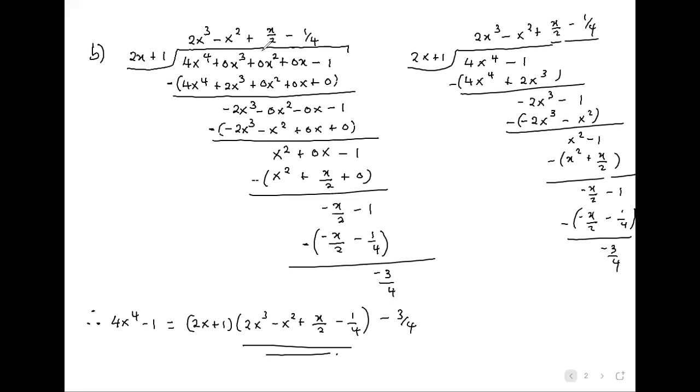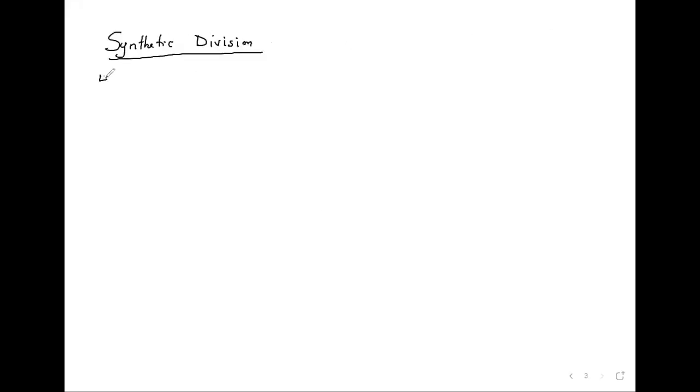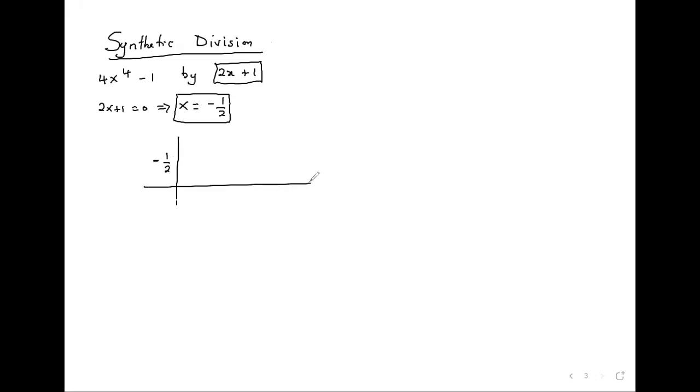What we have as a divisor: the question is 4x^4 minus 1 divided by 2x plus 1. So this is your target when you're using synthetic. You equate it to 0, 2x plus 1 equal to 0, and obtain x. So x is negative half. This is the one that we write first. And then bring down here.